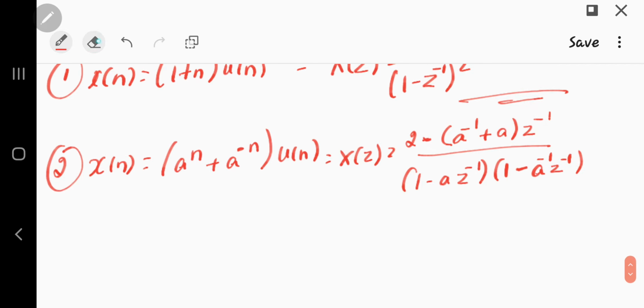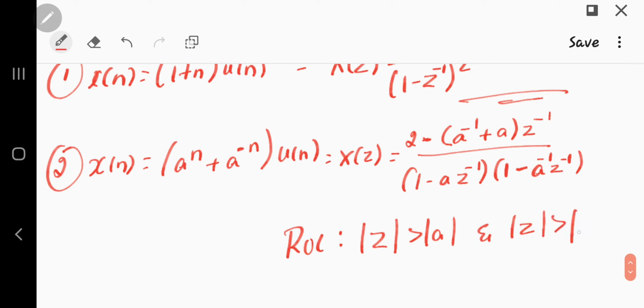So this is what you are going to get. And for this one the ROC will be two conditions: one will be z greater than a and the other z greater than a inverse or 1 by a. So these are the two conditions.